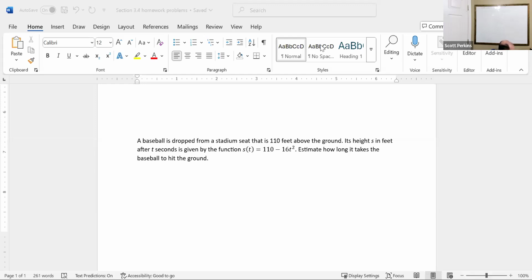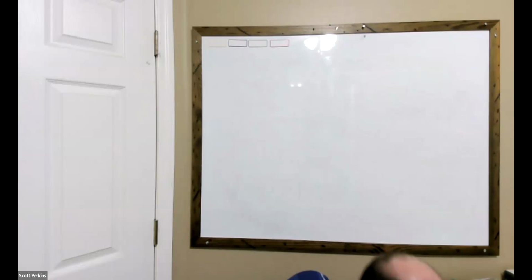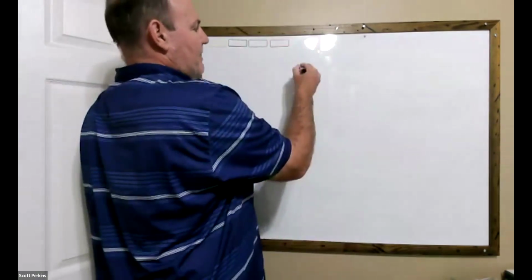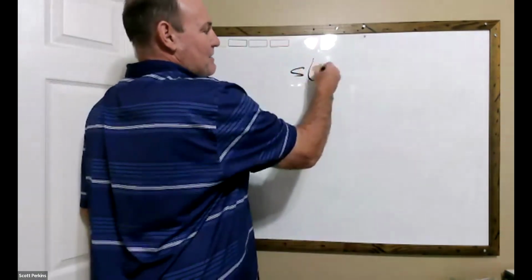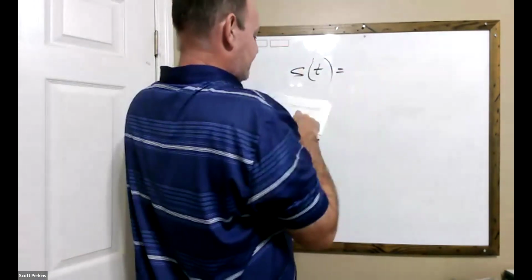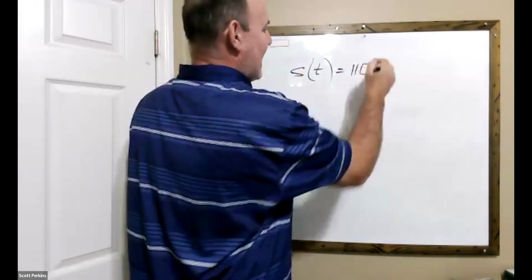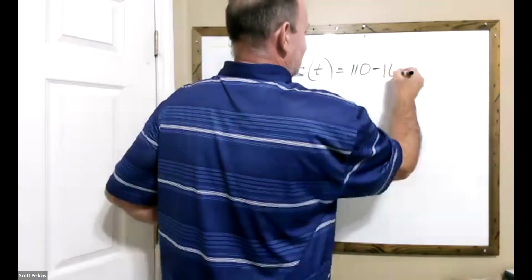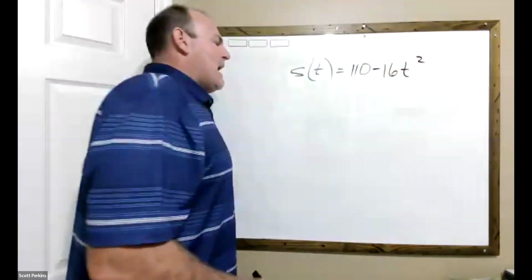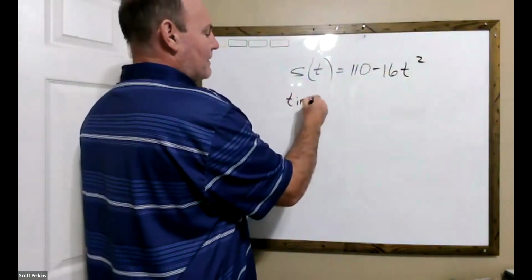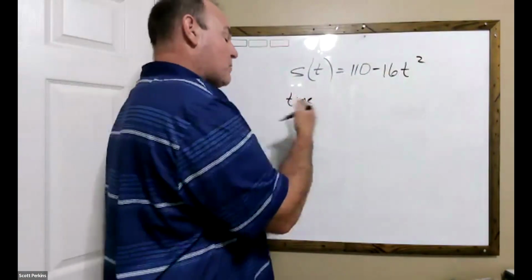Okay, so this is our last problem. We're told that the height S at any moment t is equal to 110 minus 16t squared. And we want to know how long, what's the time, that's what how long means.